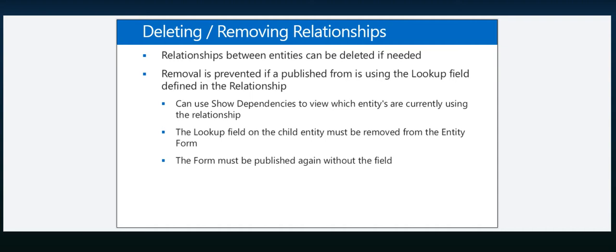And the lookup field on the child entity also needs to be removed from the form. That's probably one of the most classic items. And the form has to be published without the field. So you can't have any published components anywhere on a relationship or any other component that you want to remove. So it's usually a little bit of detective work when you want to delete components out of the system and they have a lot of relationships to other items.